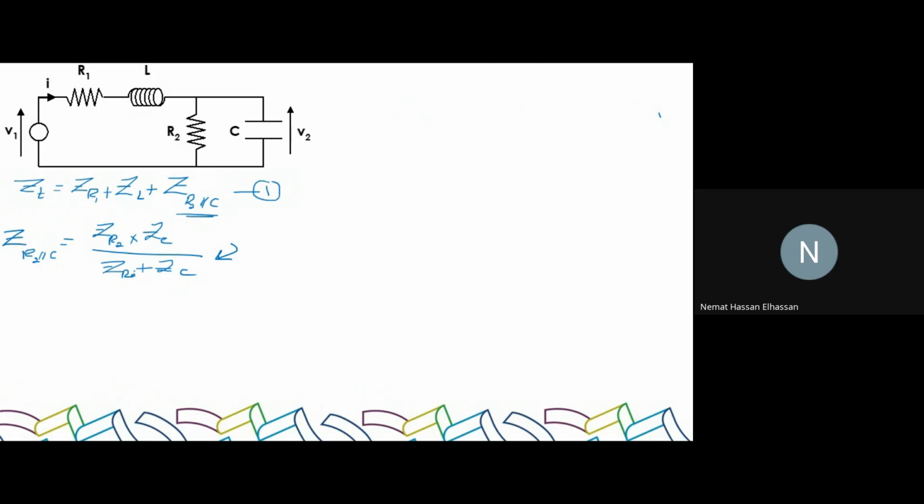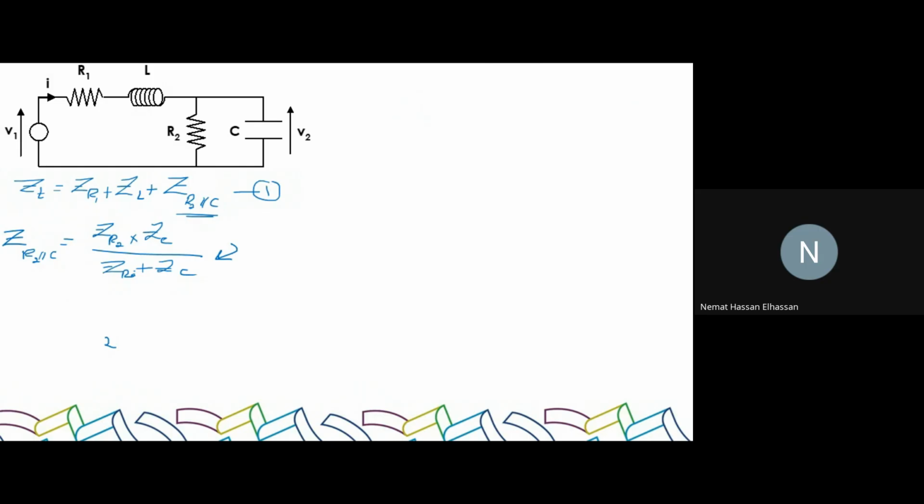Now all we have to do is substitute the values we know for ZR, ZC, and ZL. We know that ZR is equal to R, so ZR2 is R2, and ZC is 1 over CS. Let me rewrite it.